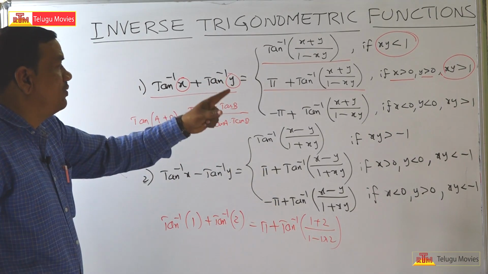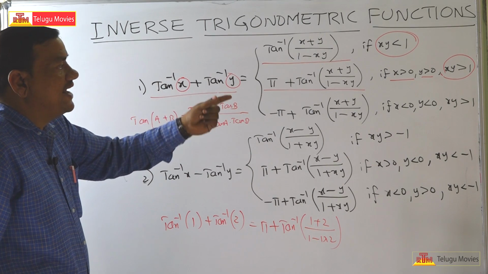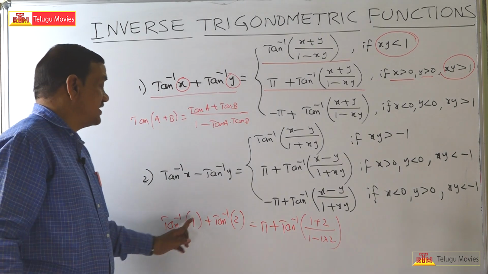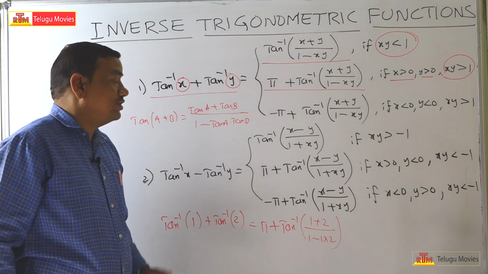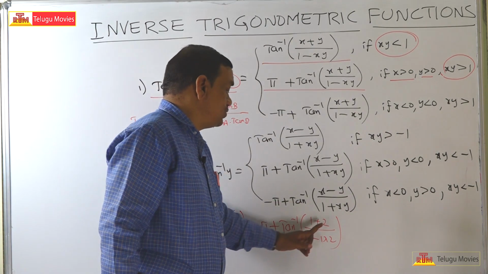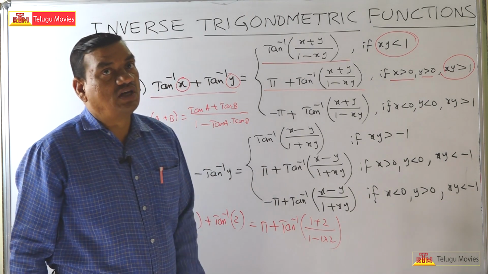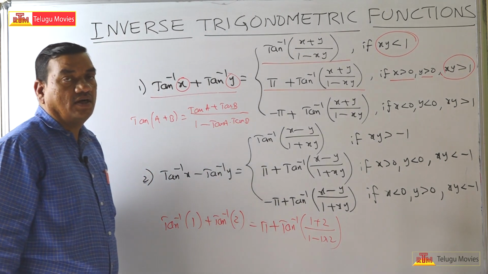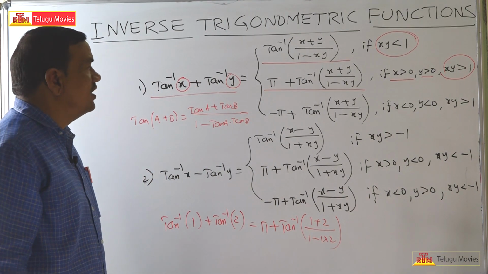So here x should be positive, y should be positive, x into y greater than 1, that means 1 into 2 is greater than 1. Then you have to apply pi plus tan inverse of 1 plus 2 by 1 minus 1 into 2. That formula you have to apply. Understand this? Okay, right.